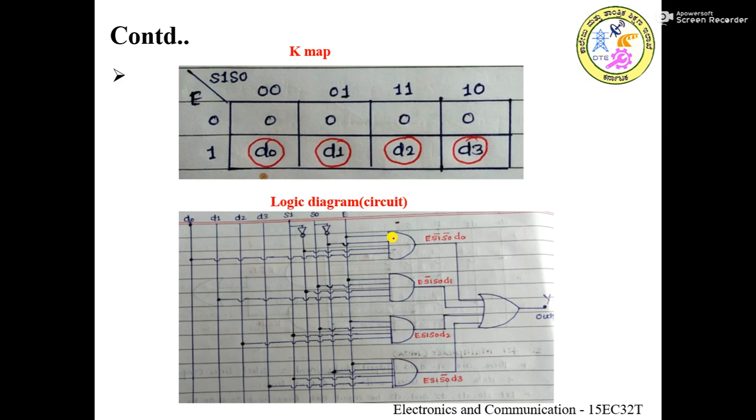That is implemented using a 4 input AND gate, and you have to make a connection here. Then the second product term is implemented using another 4 input AND gate, and the third one is implemented here, and the fourth product term is implemented, and all these four product terms have to be added together, and we need a 4 input OR gate. The final output is Y here.